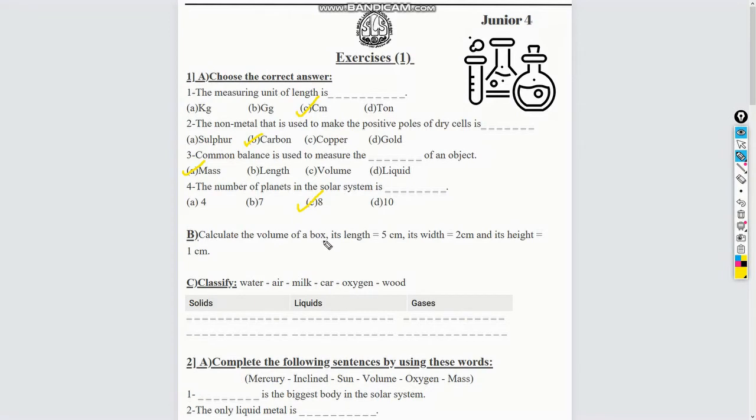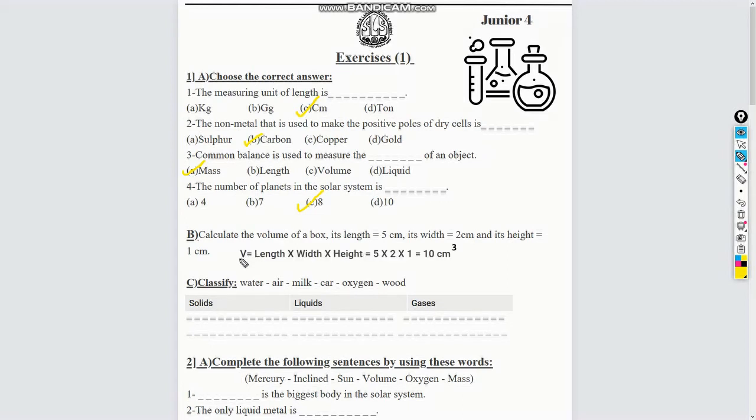Calculate the volume of a box. Its length is equal to 5 centimeter. Its width is equal to 2 centimeter. And its height is equal to 1 centimeter. Take your time and solve the question.